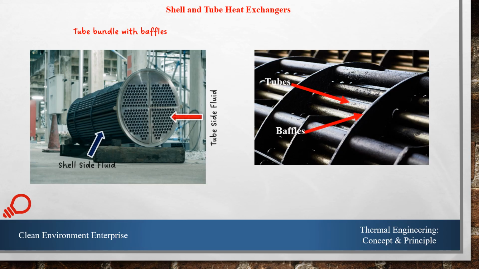For example, this is a part of a heat exchanger of the shell and tube type. On the shell side, there was oil which passed through this heat exchanger. The tubes are shown, and these tubes are supported by the presence of baffles.